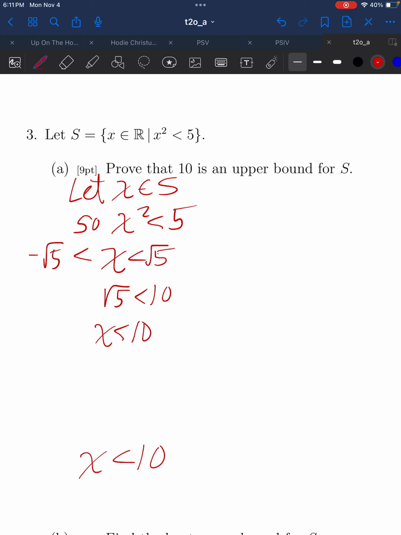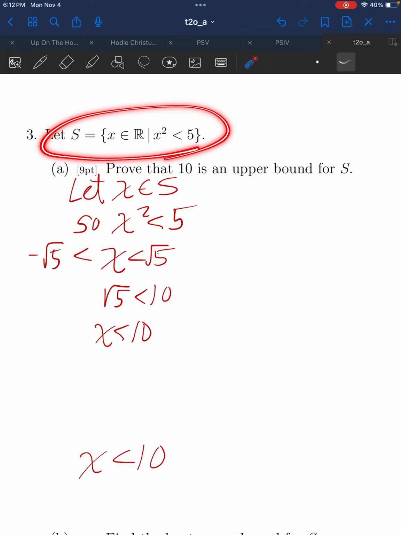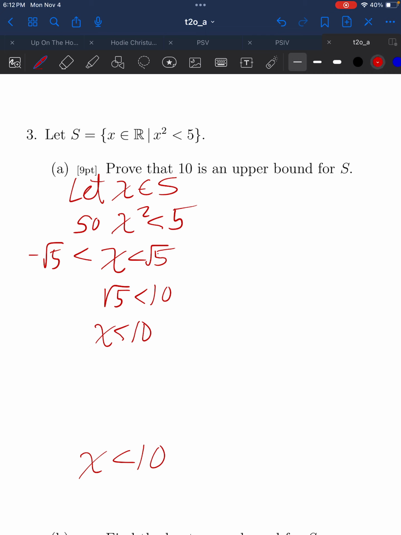Perfectly good argument. Along the way, you recognize that a more simple description of S is the set of points between minus root 5 and plus root 5. This requires knowing something about the square root of 5 that maybe we didn't prove. A less involved way, I guess more conceptually involved, is you could just say, well, if x were greater than 10, we only need less than or equal to for the bound, I believe.